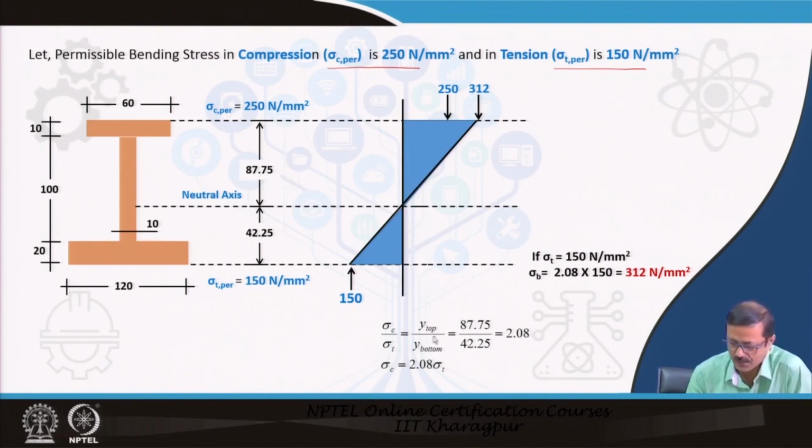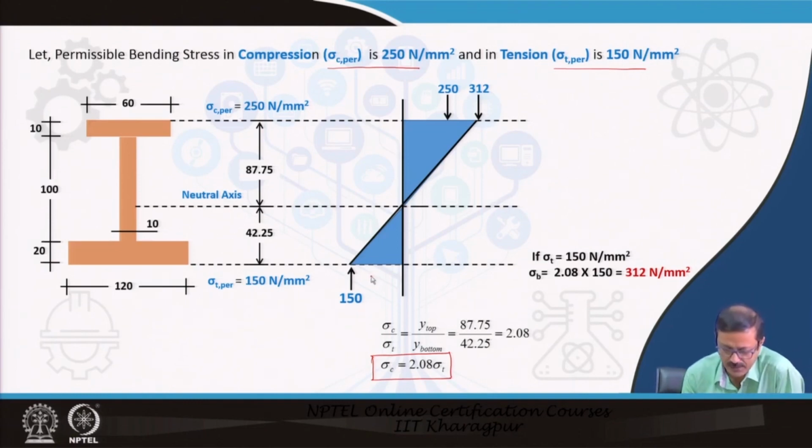So, I have to find sigma c and sigma t with respect to y top and y bottom. If you give the y top and y bottom values, you can find a relation like sigma c is almost 2 times sigma t, whatever the value may be, and it is higher because the neutral axis is lower, towards the bottom.